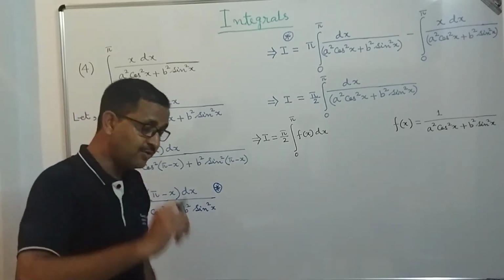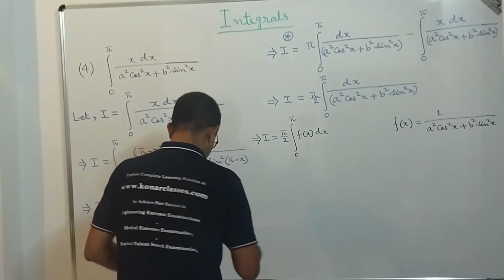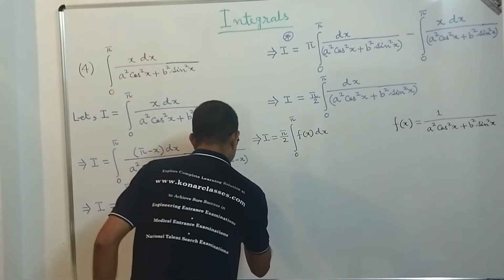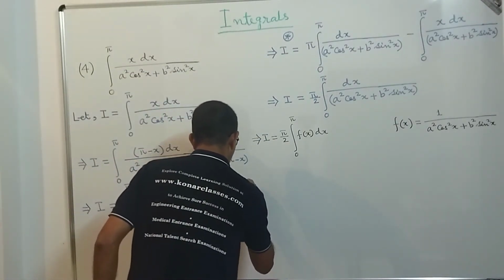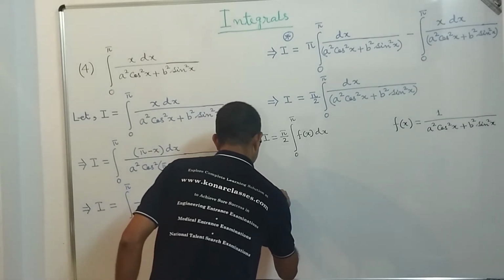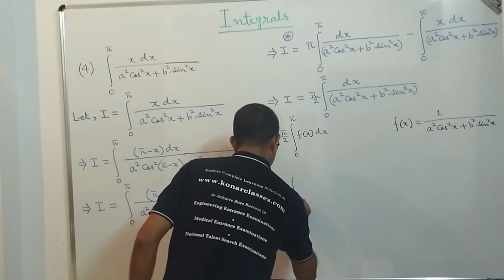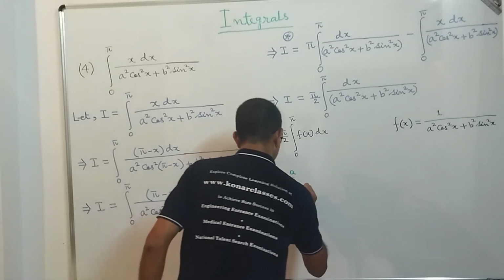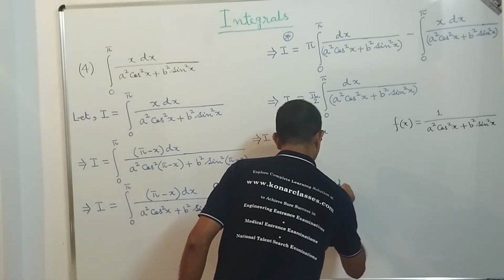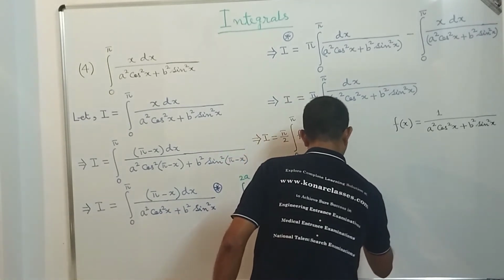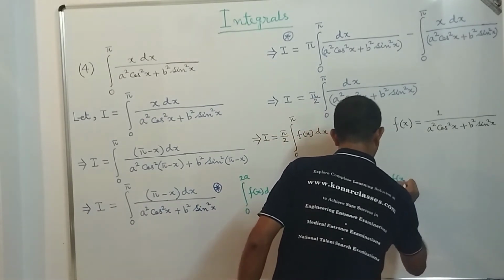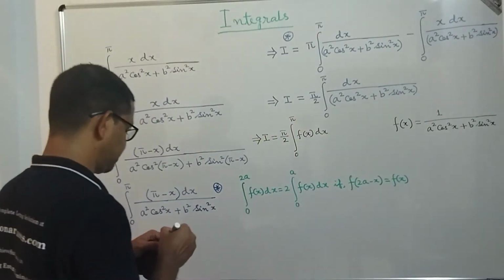Now we know one rule. What is that rule, dear students? That rule says integration 0 to 2a fx dx is equal to 2 into integration 0 to a fx dx if f of 2a minus x is equal to fx, if you recall from the properties of definite integration.